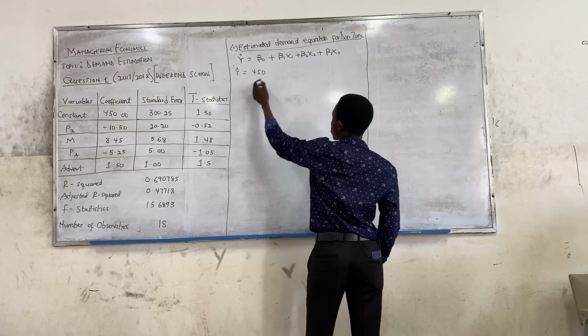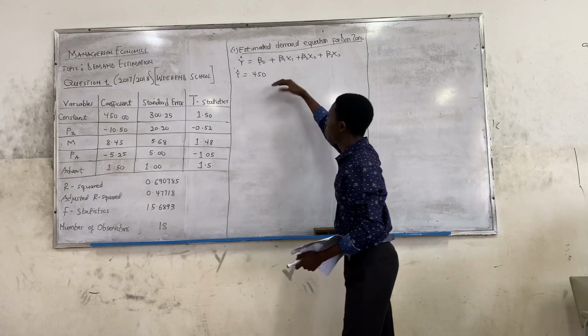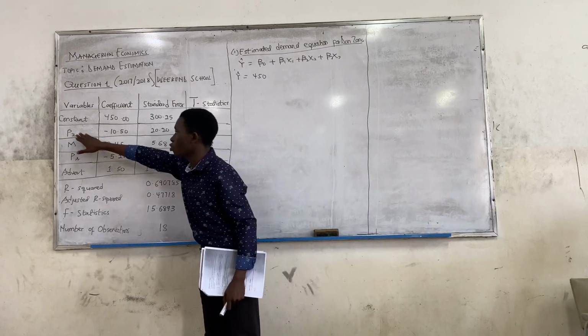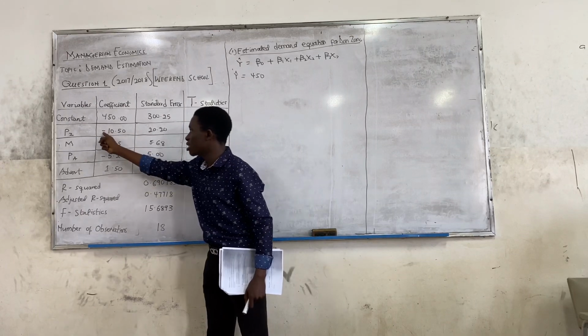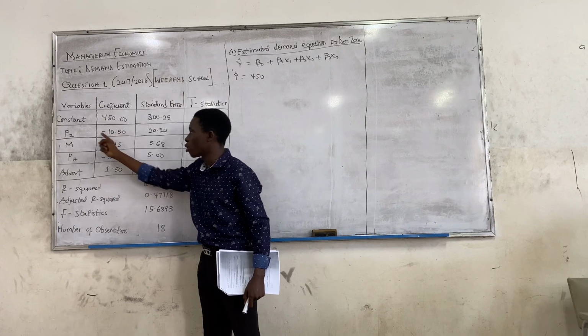450. The next thing is beta 1, x1. So the next variable is PZ. We have negative 10.50, so negative 10.50 times PZ.